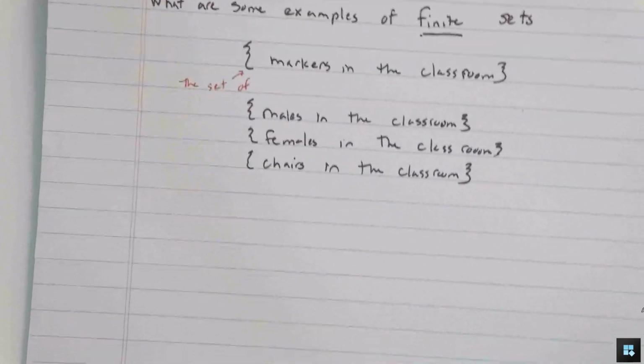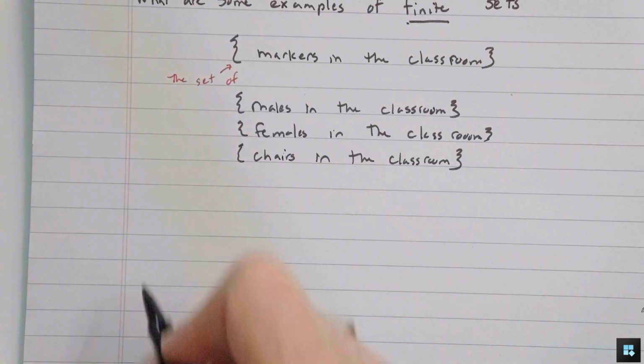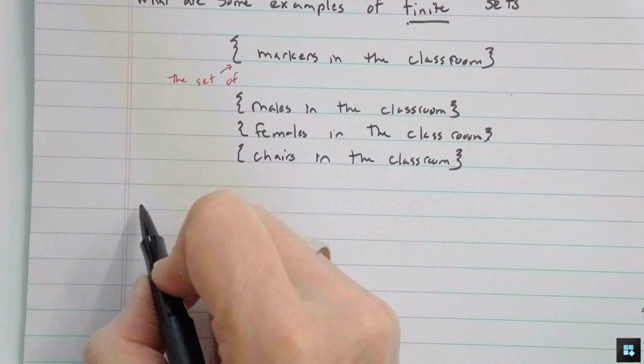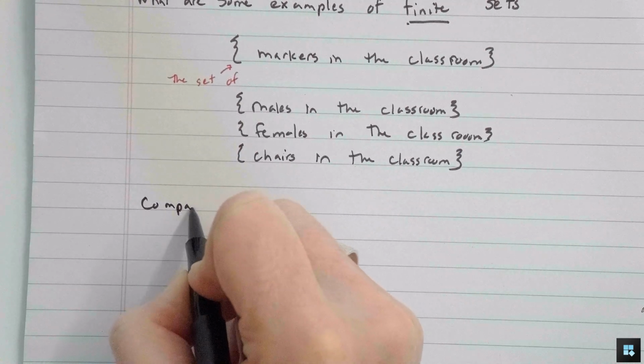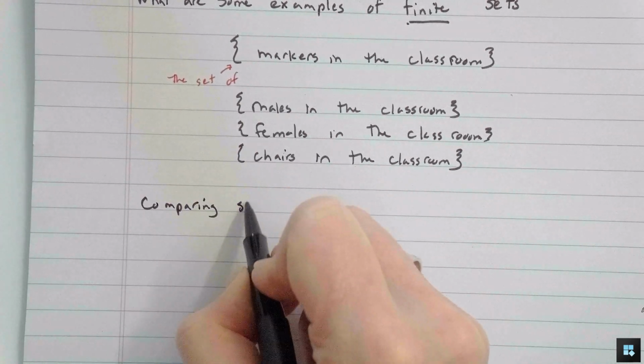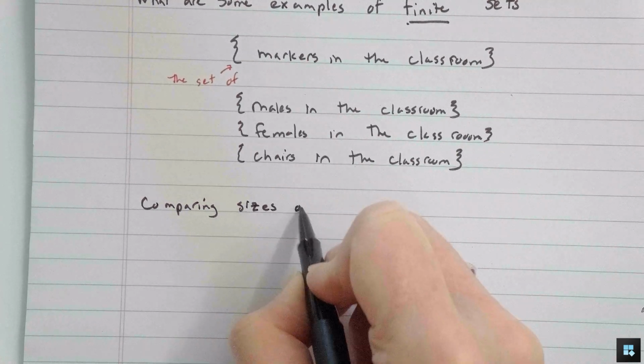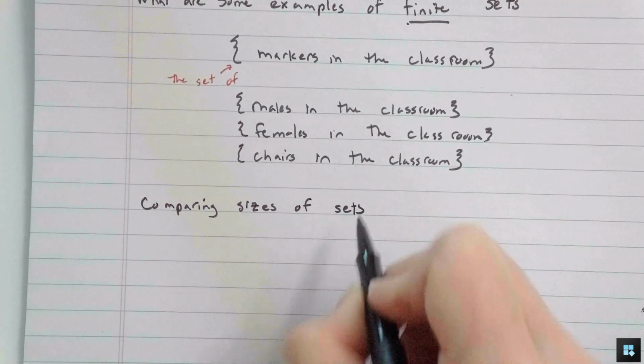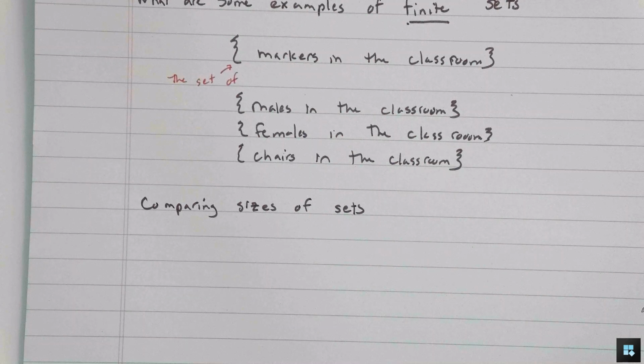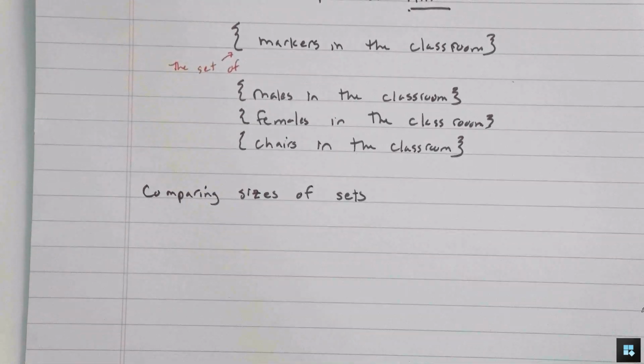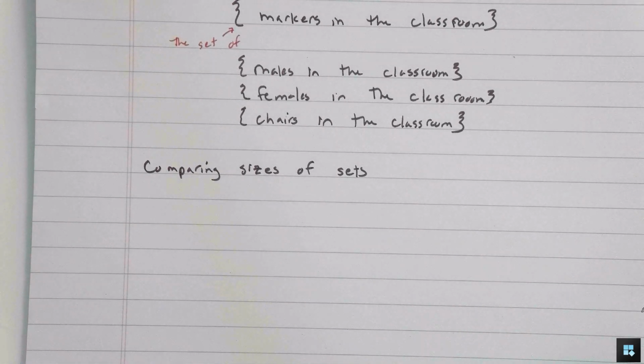We're going to do a lot of comparing of sets. So comparing sizes of sets. Let's talk about that a bit. Now let's look at two sets in the classroom and see if we can compare the sizes of those.